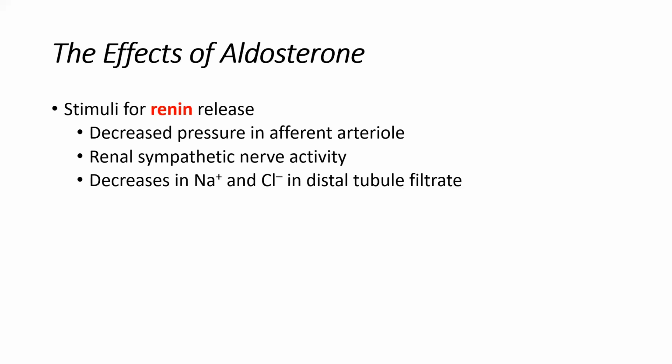And so what they do is send signals to the other cells, remember those paracrine signals, to these JG cells for them to secrete renin, and then that renin will help to correct that imbalance. And because renin is going to lead to aldosterone secretion, because of that RAS connection, renin converted to angiotensin 1 and then 2 and then aldosterone, that aldosterone will allow for more of that sodium reabsorption.